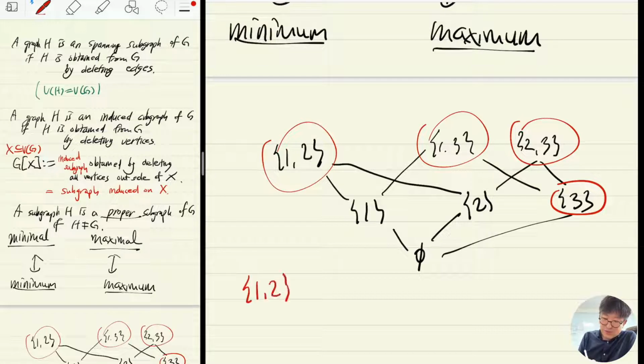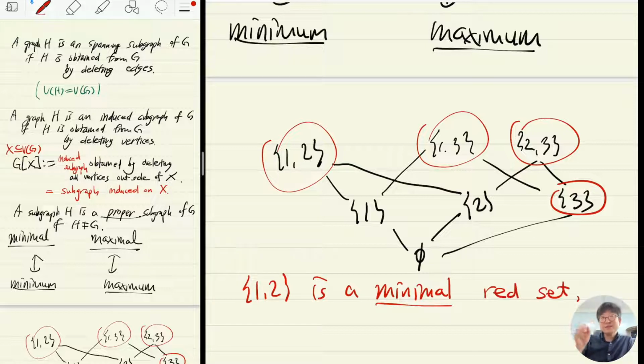So what I can say is, 1, 2 is a minimal red set. When I circle the set in red, then I say it's a red set. So in this drawing, 1, 2 is a minimal red set because 1, 2 is red and no proper subset is red.